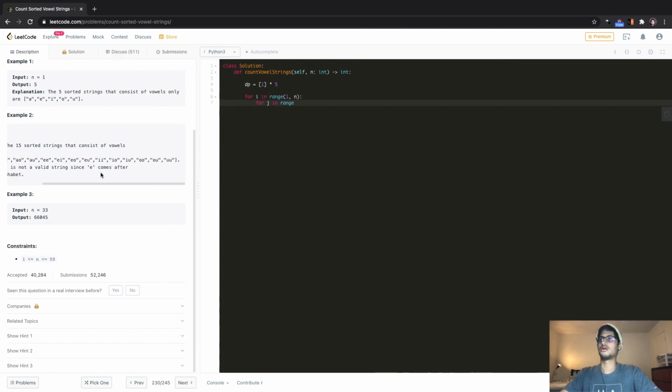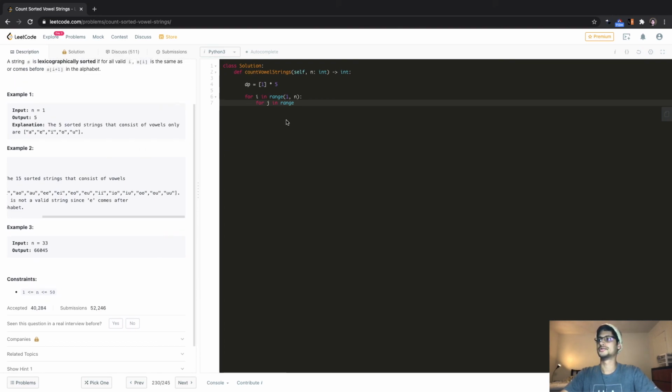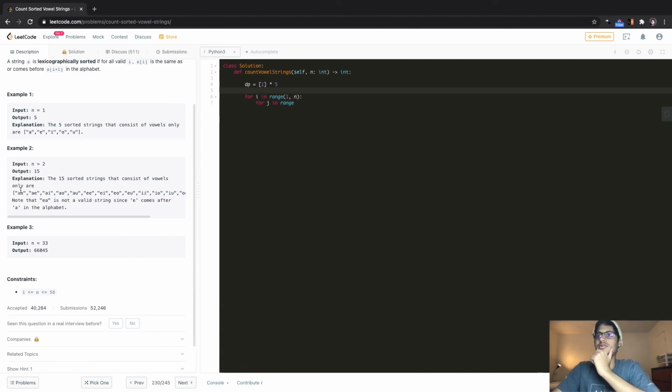So going by the logic, for a we would have all of these, and for e we would have the ones after this. So it's basically saying that initially for a, which is index 0, we would have dp0 plus dp1 plus dp2 all the way to dp4, the last one.